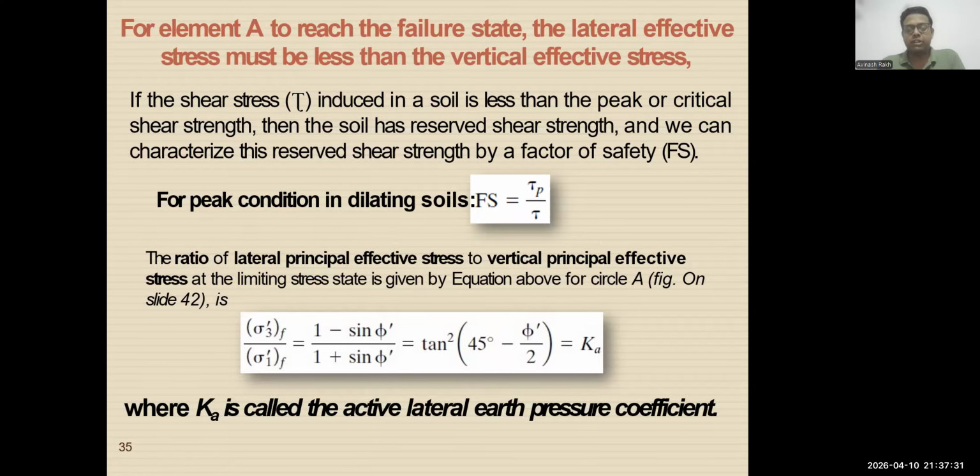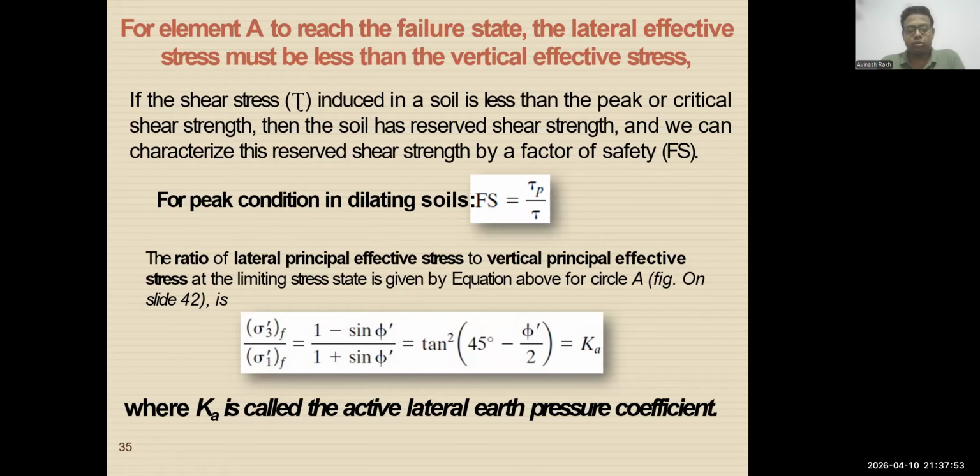For a fixed condition in dilating soil, the factor of safety is tau p upon tau, where the ratio of lateral principal effective stress to vertical principal effective stress at the limiting stress state is given by the equation: sigma 3 dash by sigma 1 dash equals (1 minus sin phi dash) upon (1 plus sin phi dash).